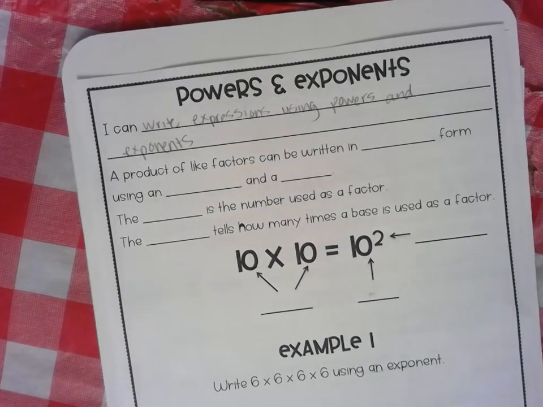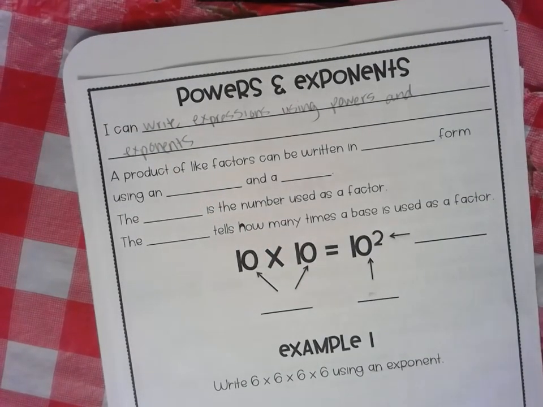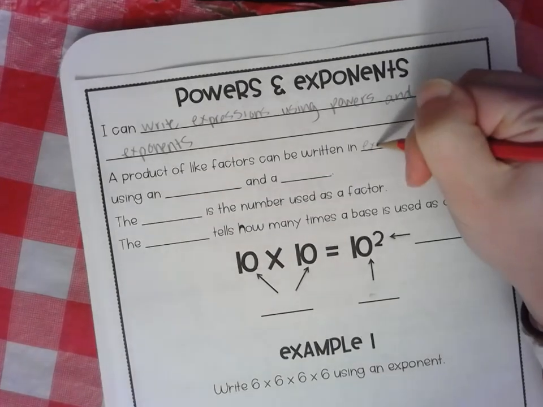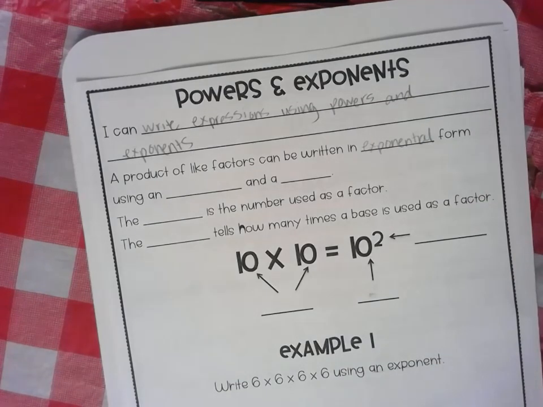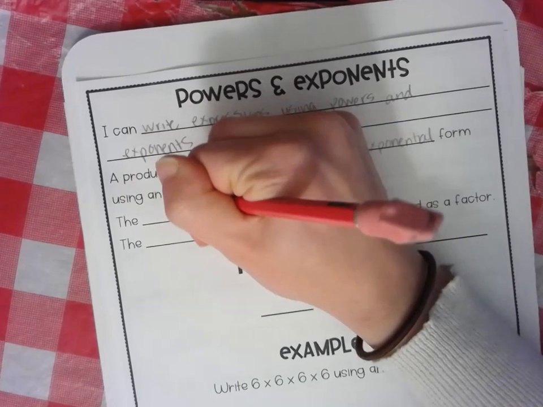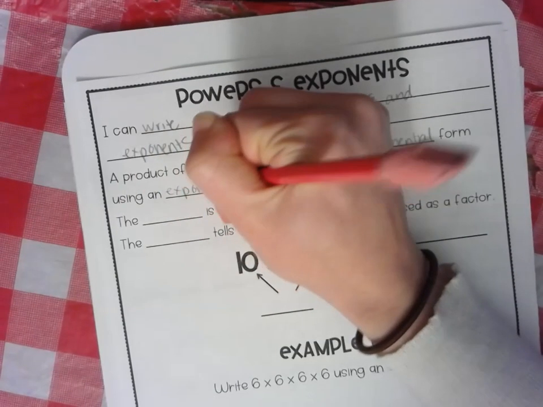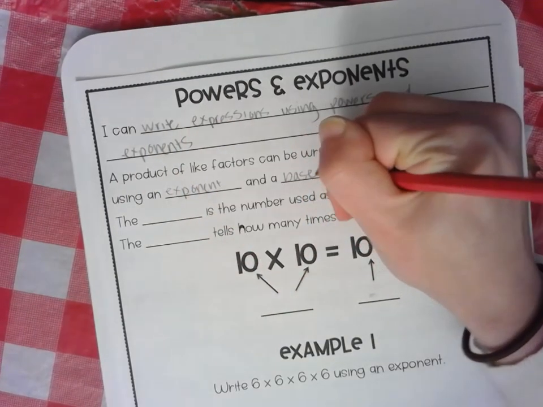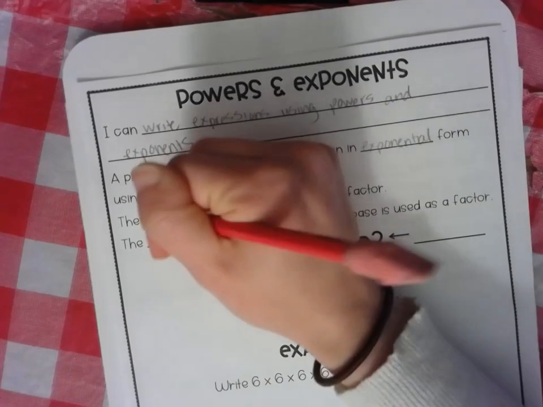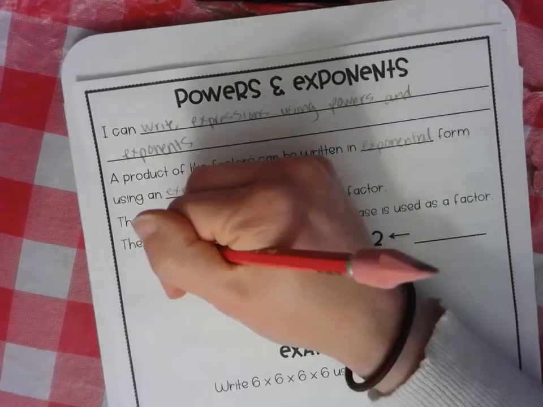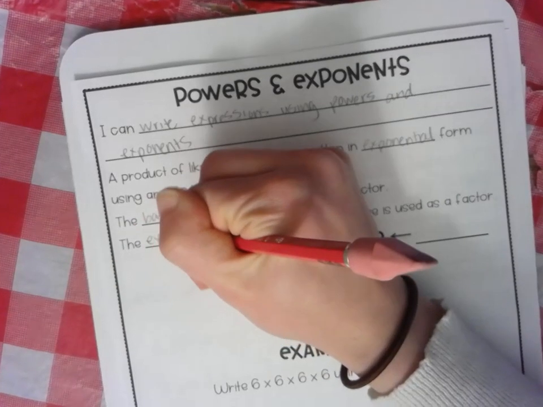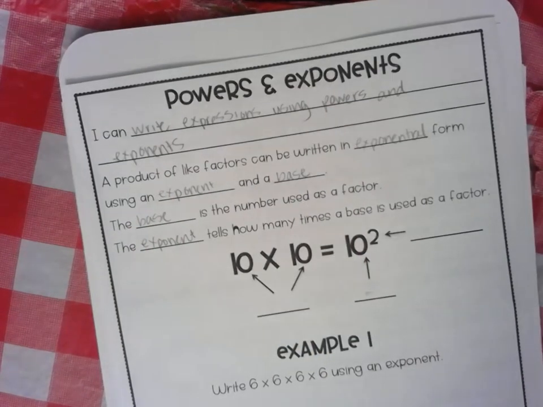A product of like factors can be written in exponential form using an exponent and a base. The base is the number used as a factor, and the exponent tells how many times a base is used as a factor.